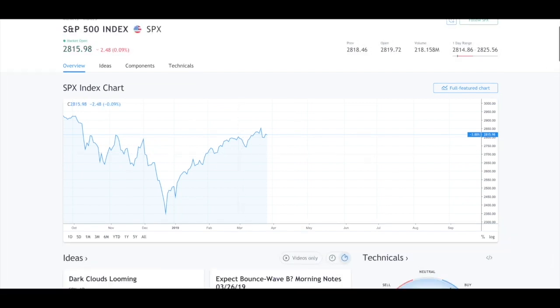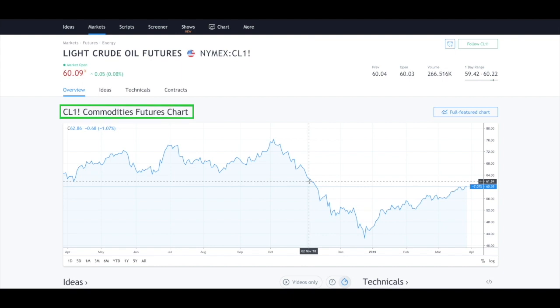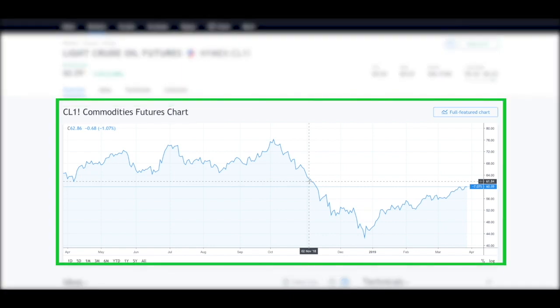Let's suppose you are answering a question about a company dealing with oil production. You need to know what is happening in the industry as a whole. For example, for the oil sector, you need to familiarize yourself with the crude oil WTI futures contract chart. Here it is. Try to analyze possible fundamental events that could affect the industry as a whole.